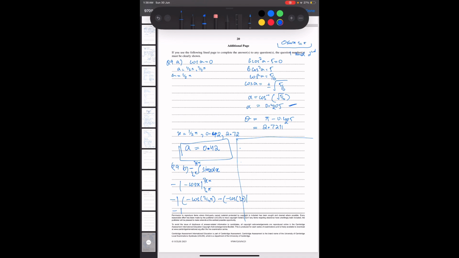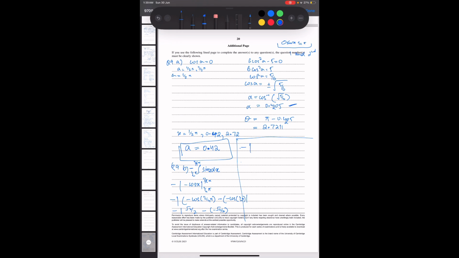Minus cos 3π/4 is under root 2 upon 2, minus cos π/4 itself is minus under root 2 upon 2.